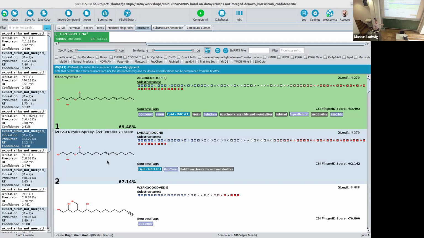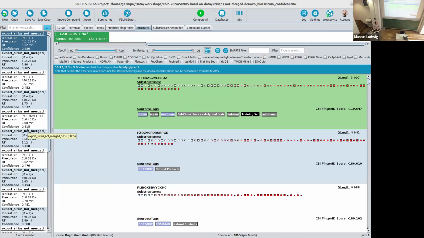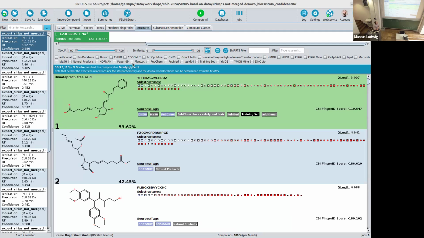Honestly, mass spectrometry can usually not differentiate these compounds, whether the double bond is here or there. So either you have a tag here and it's nice, then CSI:FingerID found at least a very similar structure. But sometimes it may happen that the structure is a lipid and probably not in a database, so we can't find it. And then it's good to have this flag, hey, it's a lipid. Rather check if this is true and not just blindly use the annotation from CSI:FingerID. That's the idea.